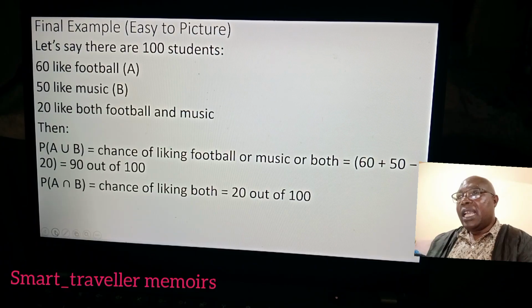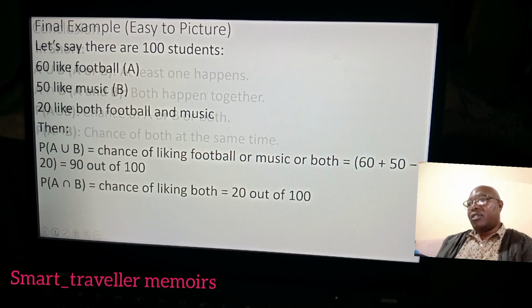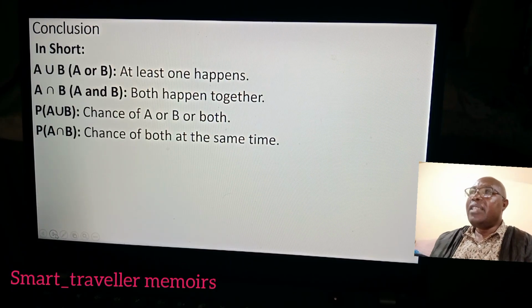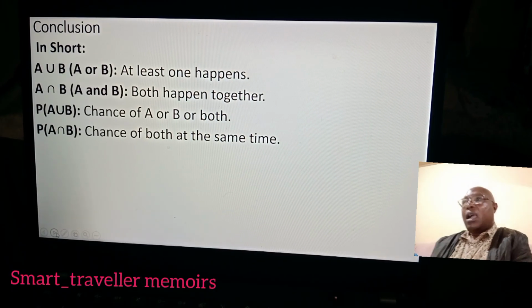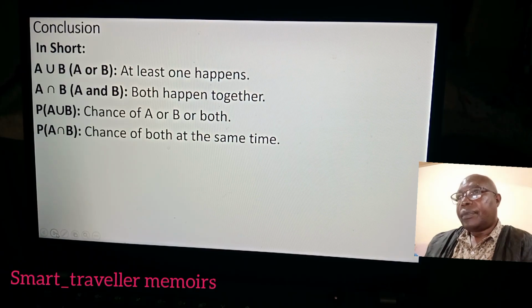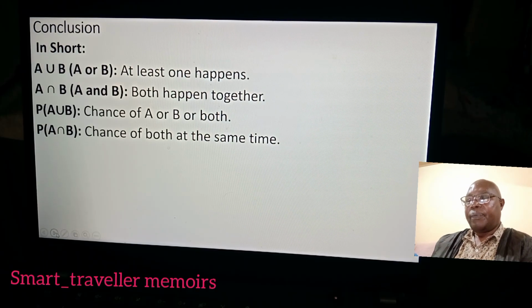So P(A intersection B) equals the chance of liking both, which is 20 out of 100. Easy to picture. Conclusion. In short, A union B means A or B, and in this case, at least one happens.